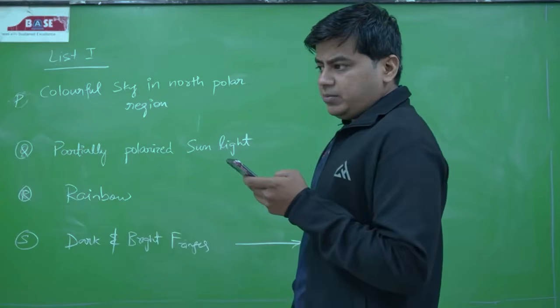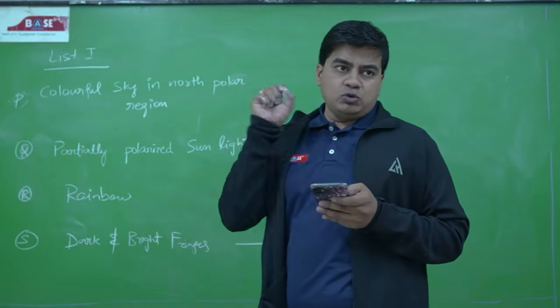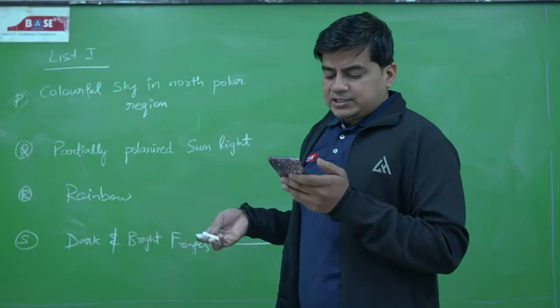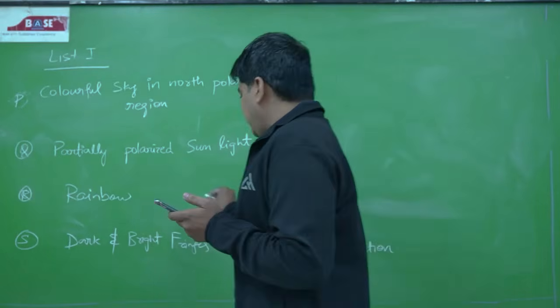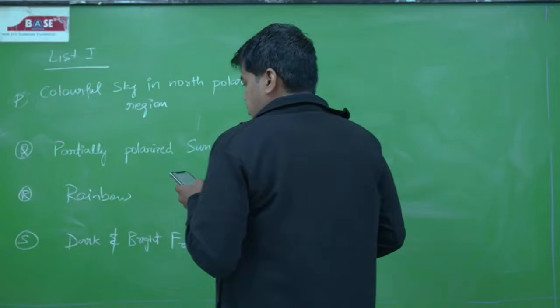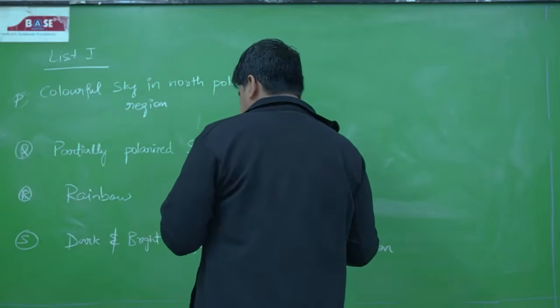Rainbow. Now rainbow is about dispersion. When white light passes through a drop of water like rain falling, the colors are dispersed. Along with that, there is partial reflection in the atmosphere as well. So rainbow becomes dispersion and reflection.